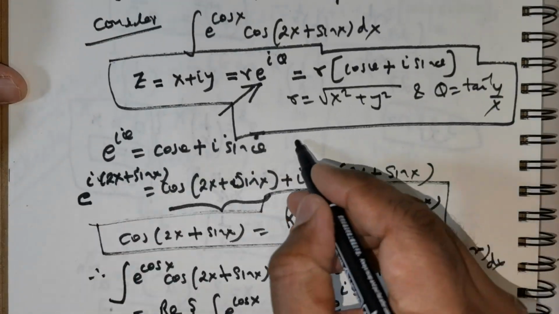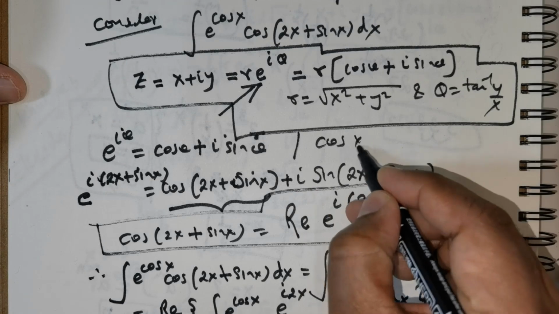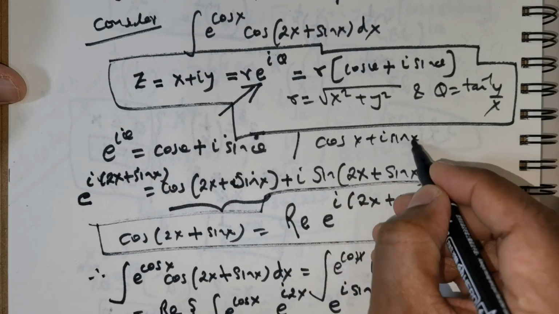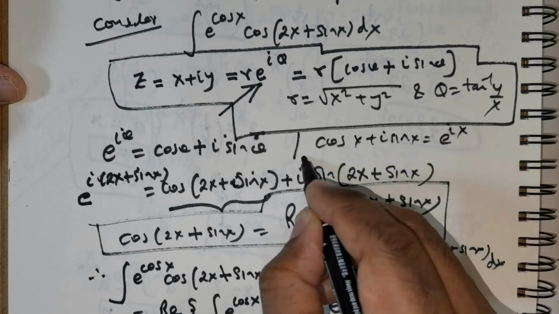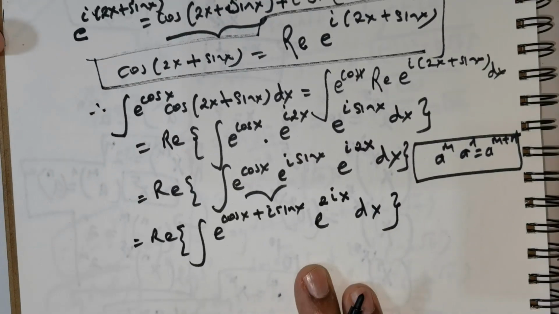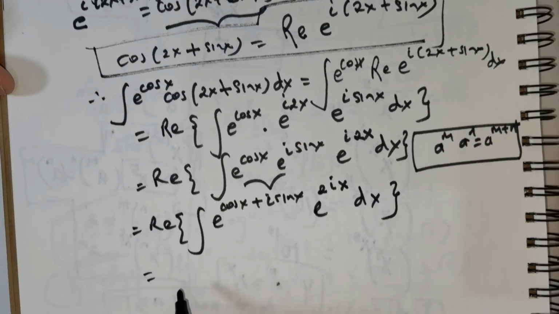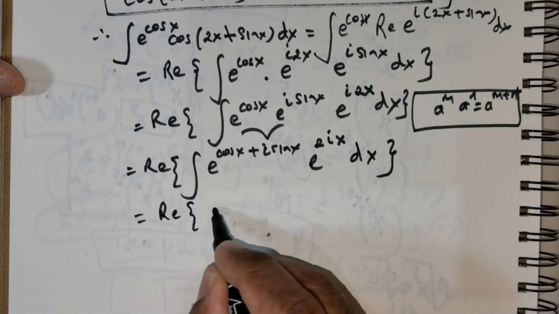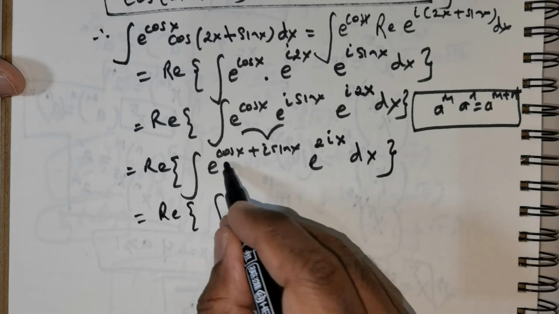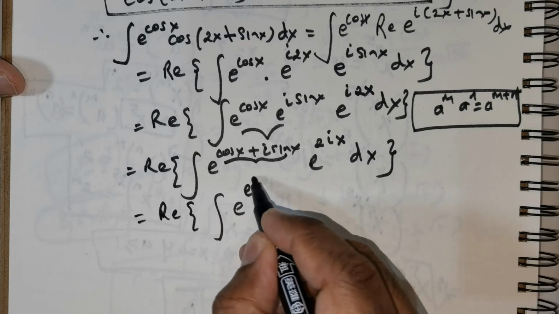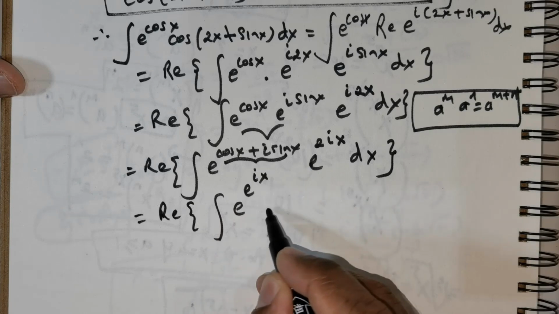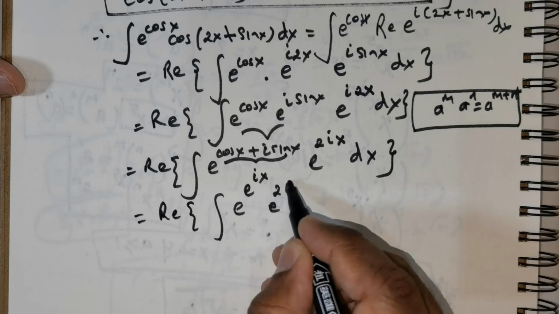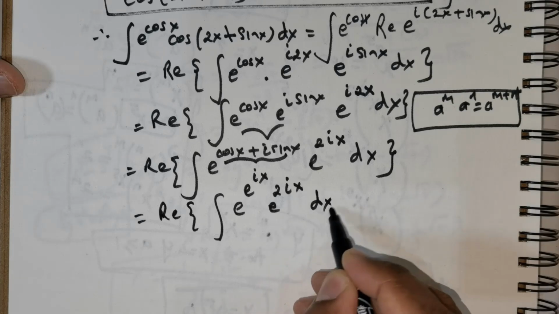It's e raised to the power of iθ. I can also write cos x + i sin x as e raised to the power of ix. So this is equal to the real part of the integral of e raised to the power of e^(ix) times e raised to the power of 2ix dx.